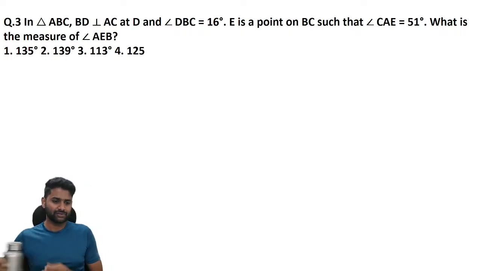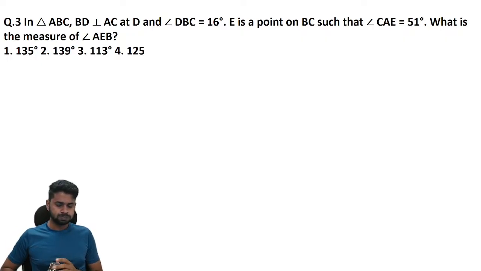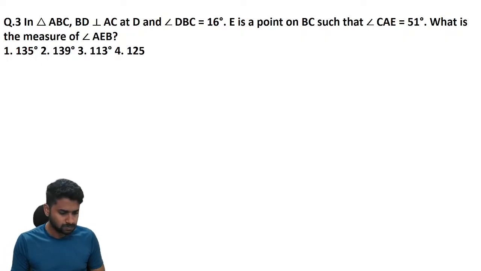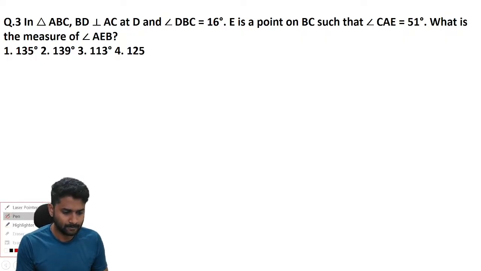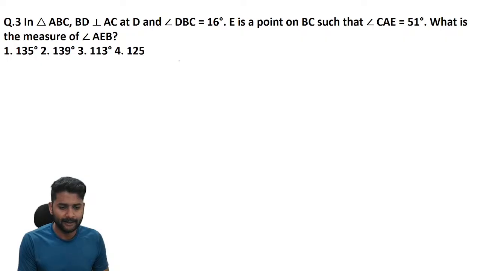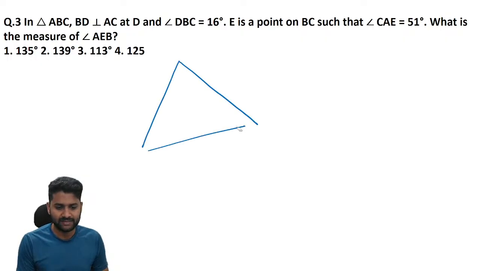Let's go through a question from geometry. In a triangle ABC, the sum of the interior angles is equal to 180 degrees.